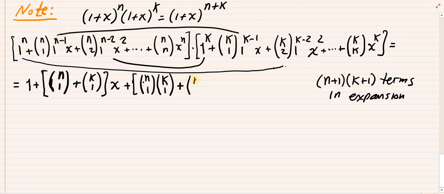Or I can do n choose 2, and also plus k choose 2, right? Those are the coefficients on x squared, plus so on and so forth, all the way up to the n. The last product is going to be x to the n plus k.